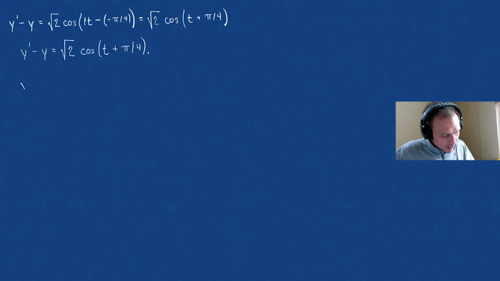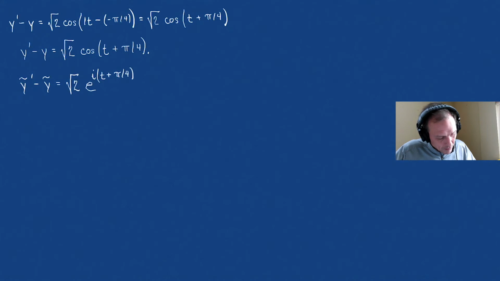Now, if we think about our complex solution, we have y tilde prime minus y tilde. Well, this is equal to the square root of 2 times e raised to the i of (t plus pi over 4).